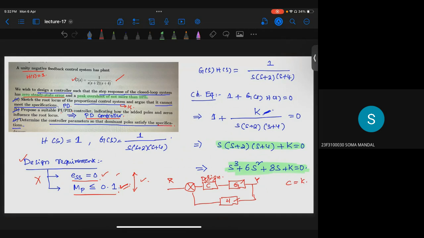In our case we try the PD controller and see what adding poles and zeros does to the root locus, whether it shifts to the right or to the left. Then finally determine the controller parameters so that they satisfy the specifications. Is the question clear? Any doubts?